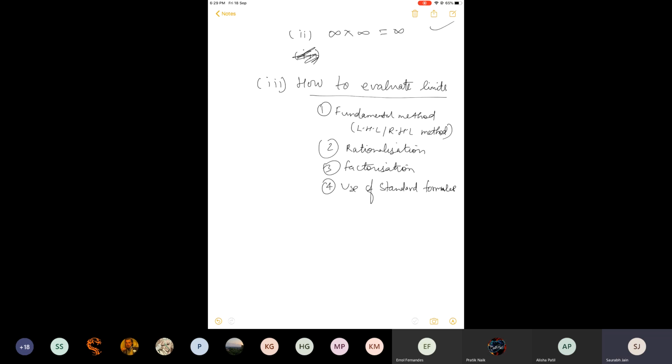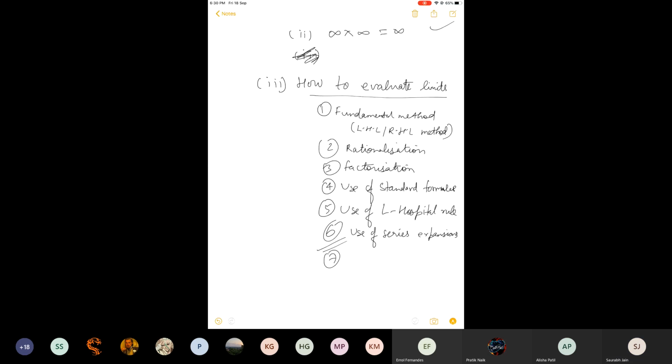So rationalization, factorization, use of standard formulae. Then there are some other techniques like use of L'Hopital rule, also called L'Hospital rule, whatever you want to say. Then use of series expansions. You will study some expansions here in this chapter.